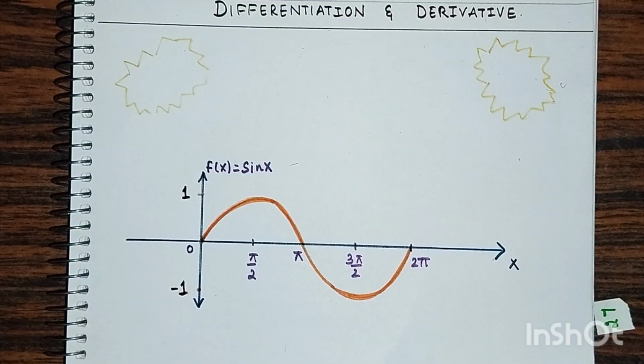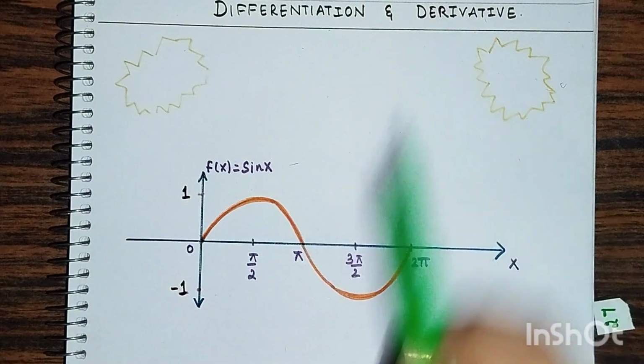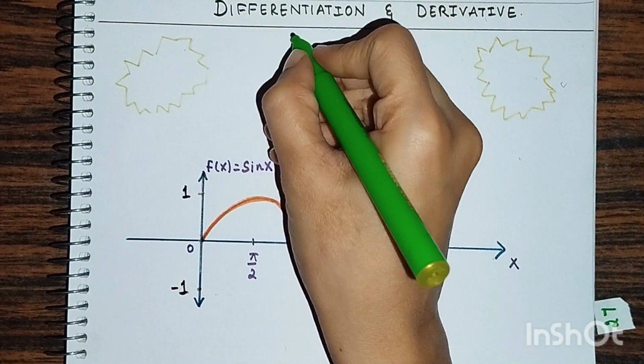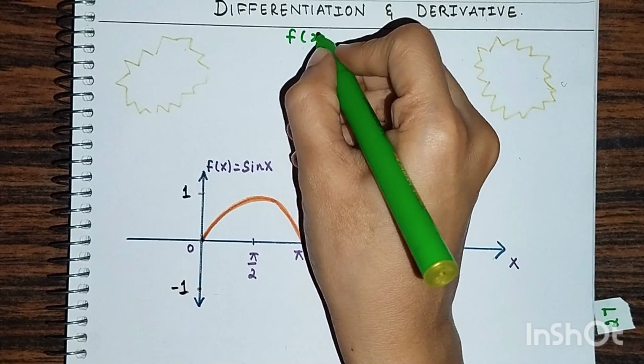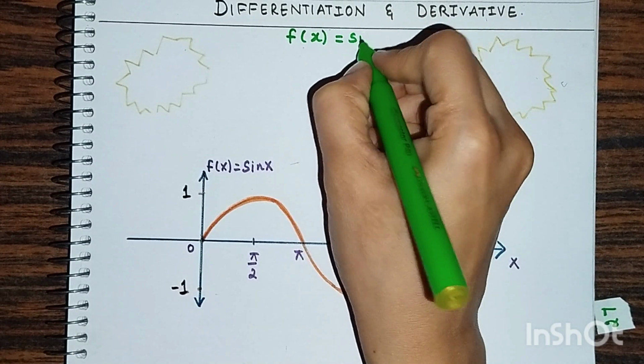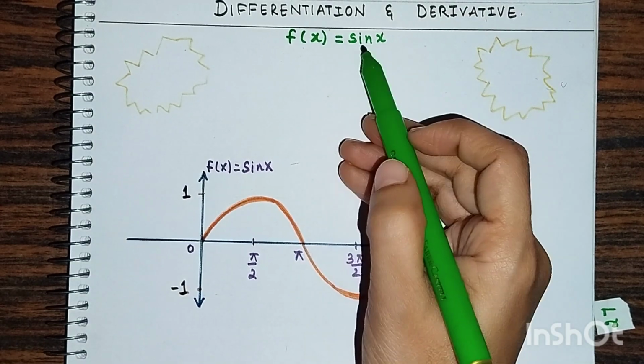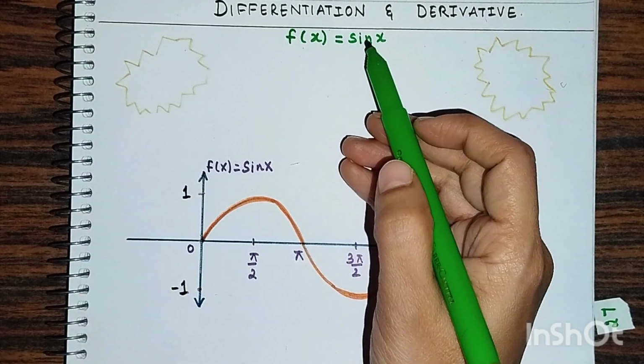So now let's understand what is differentiation and derivative. For that we will take one example of a function f of x is equal to sin x, a trigonometric function. Now we know this is a function. For every input there is a unique output.